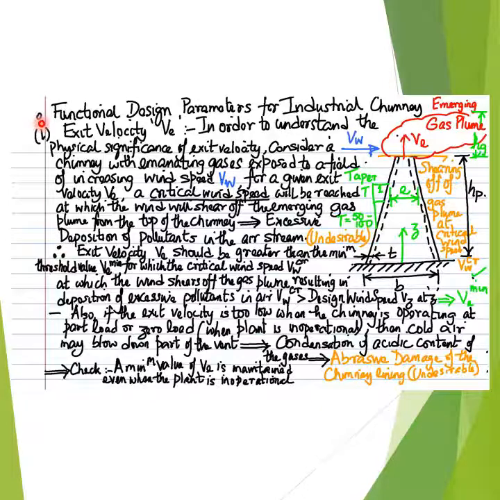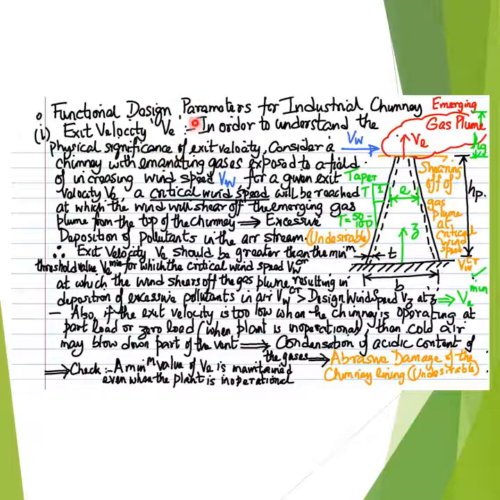Hence, we will present or discuss a brief overview of the salient functional design parameters that are considered in the functional design stage of industrial chimneys, the most important of which is the exit velocity.